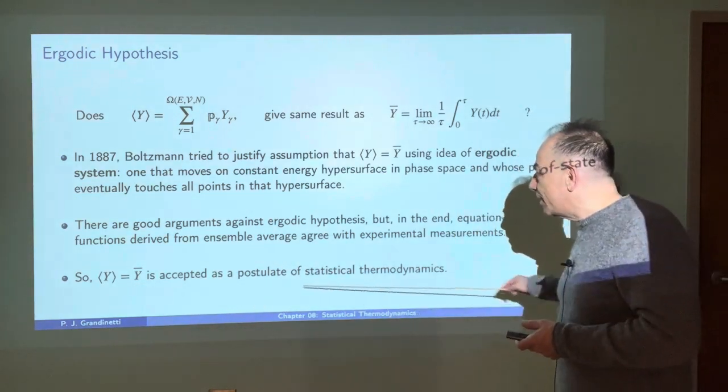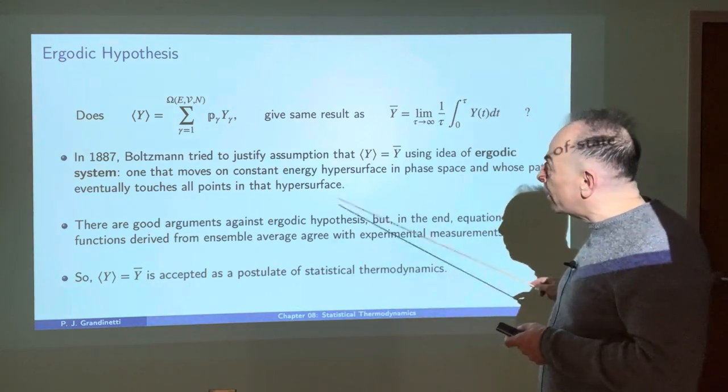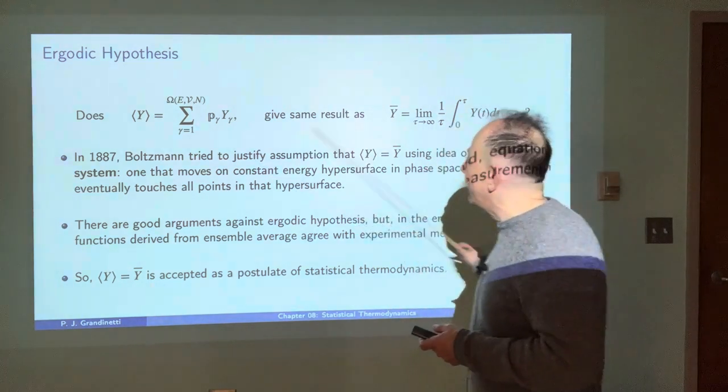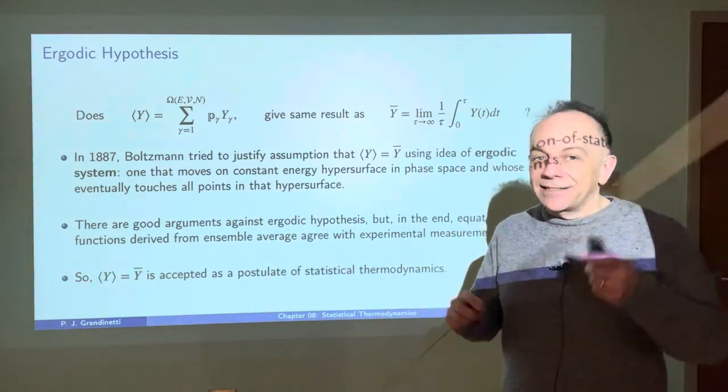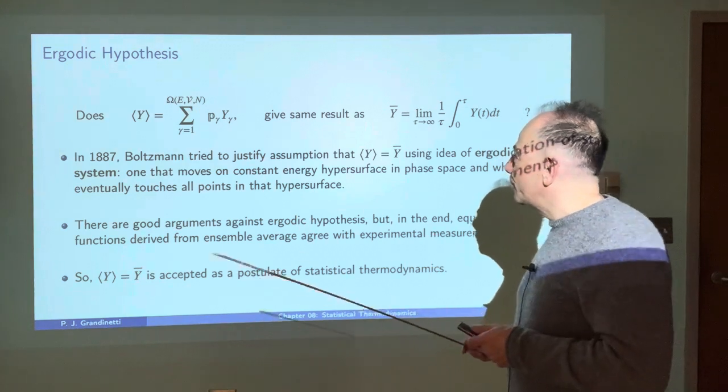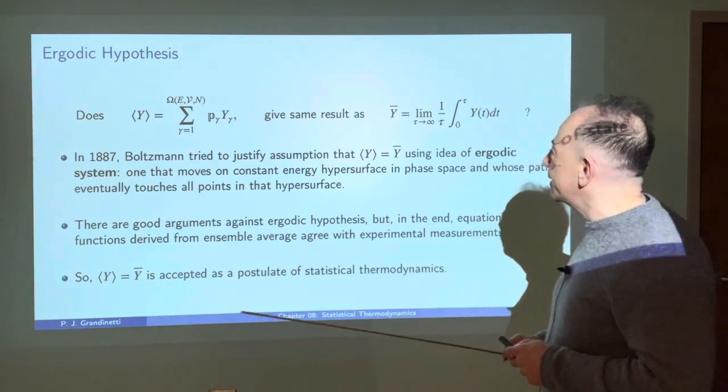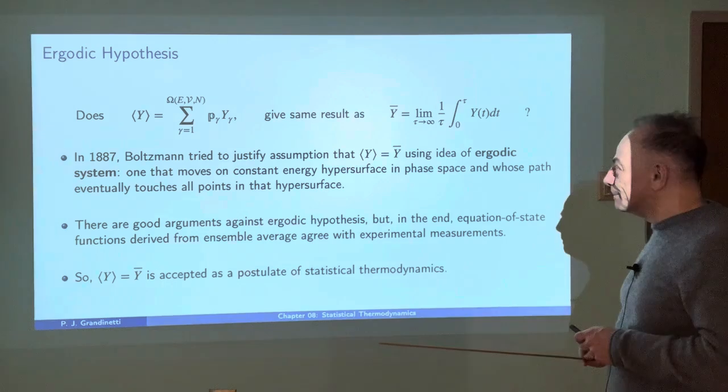So it's just accepted as a postulate of statistical thermodynamics. Justifying why this is true is beyond the scope of this class, and you may need to talk to other scientists in statistical mechanics to have long discussions about that.